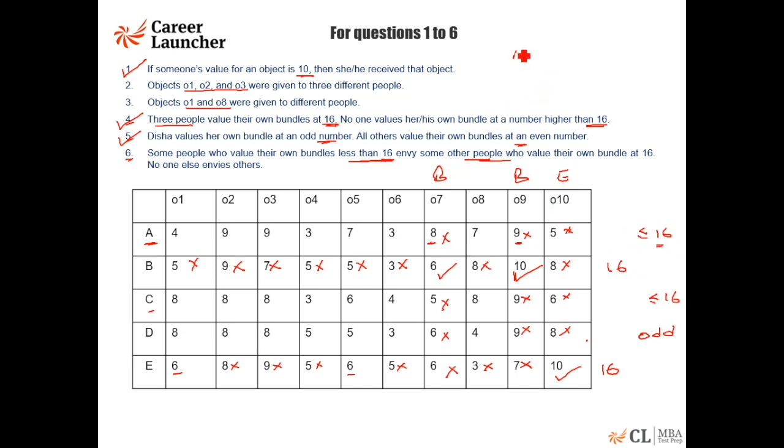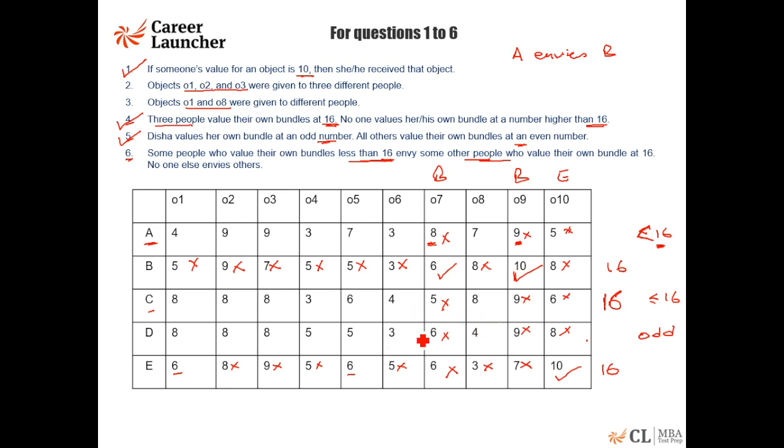What this means is A envies B. A envies B because A values B's bundle at 17 while his own value is less than or equal to 16. So A has to be less than 16, not 16, and C will have to be 16. Because we need 3 16s. So C has to be 16 and A has to be less than 16.